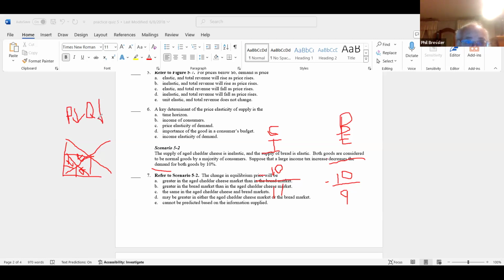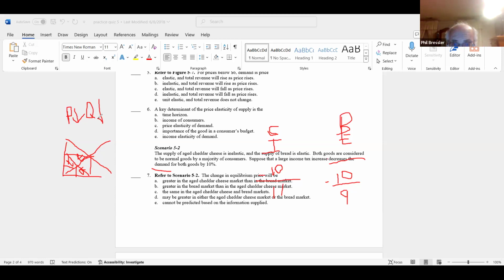What I'd like to ask is, the change in equilibrium price will be, and one would say, increase in the cheddar, decrease in the bread, decrease in the cheddar, increase in the bread. And the answer is going to be price is going to decrease in the cheddar and decrease in the bread. Okay? All right.